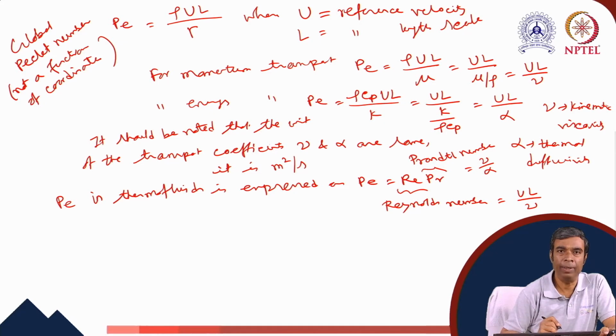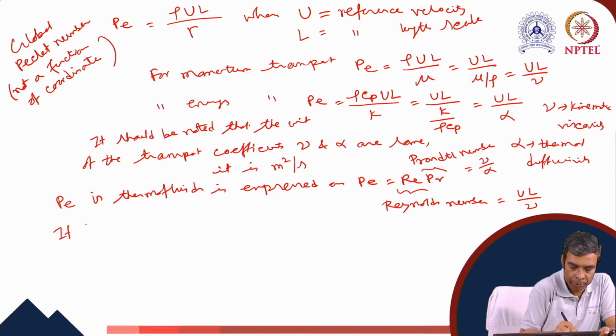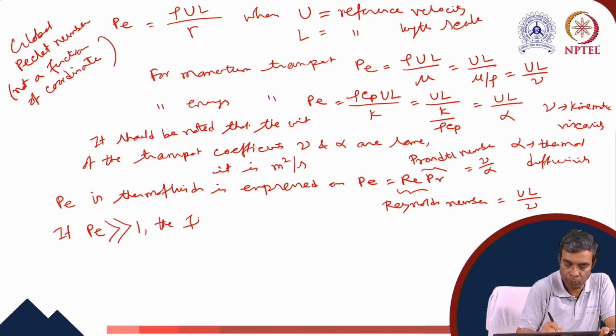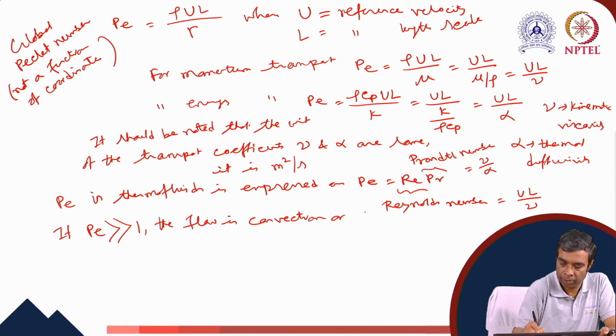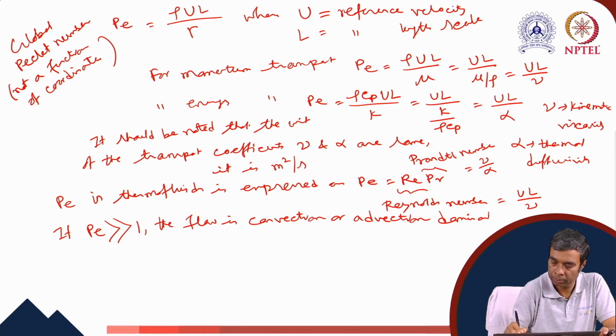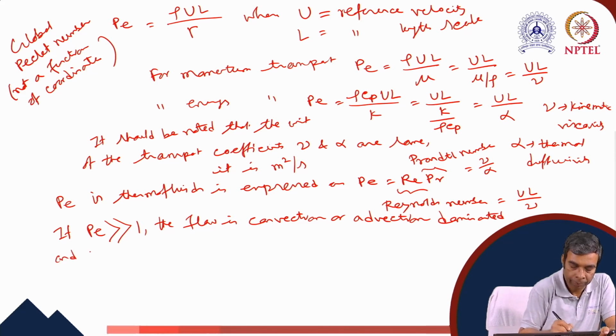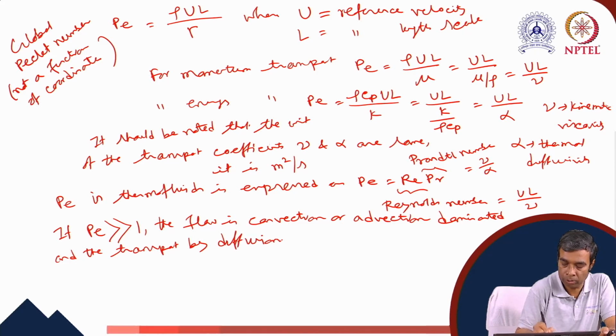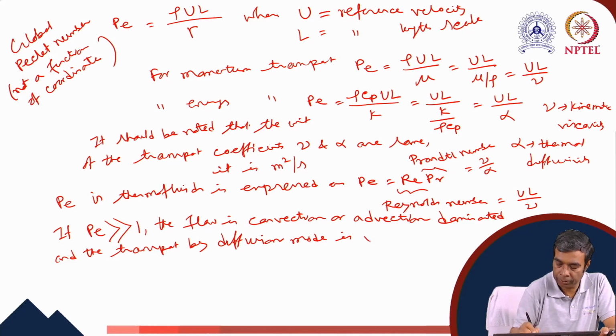Now we can define the Peclet number at the element level or the cell level, and we denote it as the cell Peclet number. If Peclet number is much greater than 1, we say that the flow is convection or advection dominated, and the transport by diffusion mode is very weak.